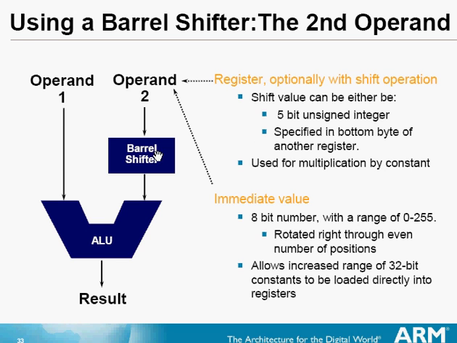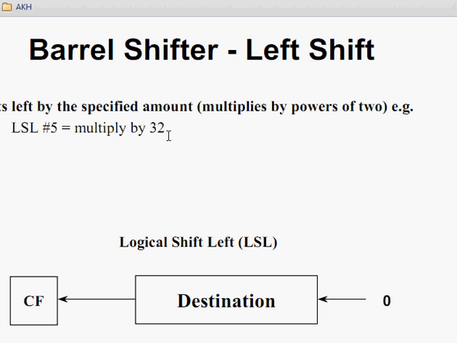If you shift by 5 bits, you are nothing but multiplying by 32. It works simply like LSL 5: it shifts by 5 bits, so it gets automatically multiplied by 32, and then it gets added.